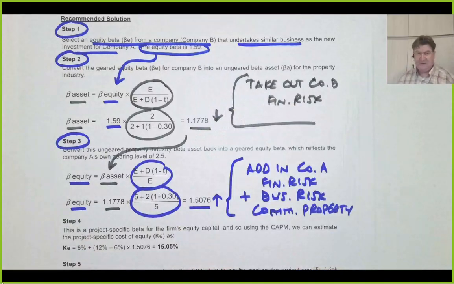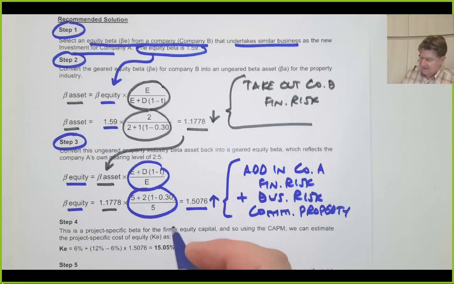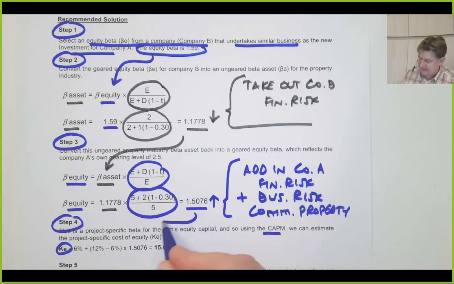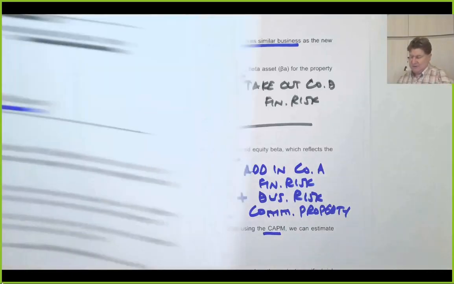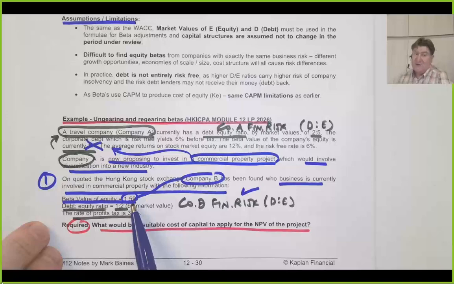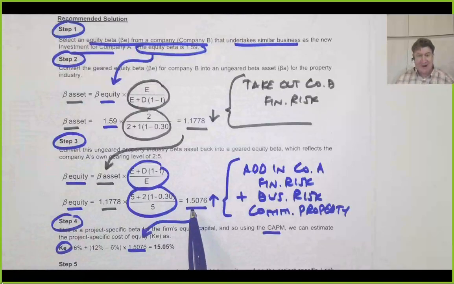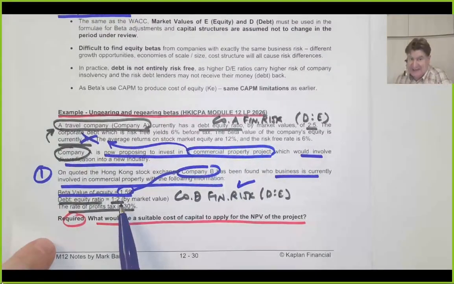And look, let's just have a little comparison here between our beta we're going to use in a second, because in a second, step 4, we're going to use this in CAPM. But before we do that, let's just show the comparison between, look, theirs. Theirs is 1.59. Theirs is higher than ours, because they've got slightly more debt to equity.